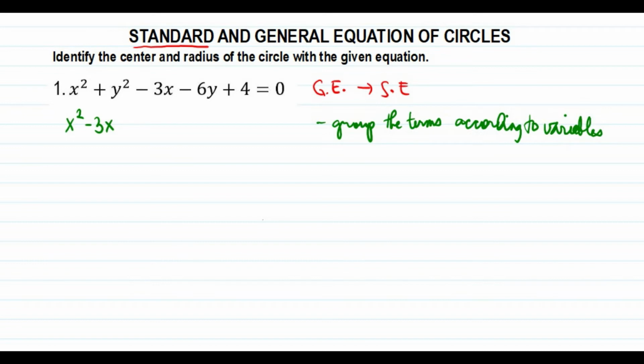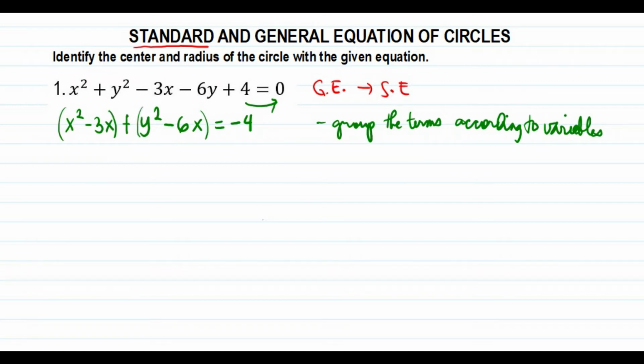And then, plus y squared. Igugrupo natin siya kay 6x. And ilalagay natin yung 4 or the constant to the other side of the equation. Magiging negative 4 siya. Now, pag sinabing group, ay group.